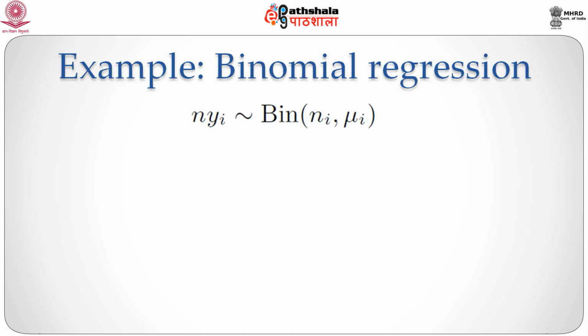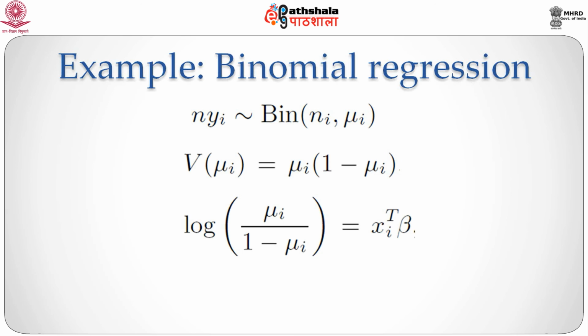This could perhaps be made a little simpler if we consider a concrete example. So let us assume again that we are looking at a proportion, so that n_i y_i follows binomial n_i, mu_i. V(mu_i) is then given by mu_i into 1 minus mu_i, and we shall assume the logistic model log of mu_i over 1 minus mu_i is equal to x_i prime beta.